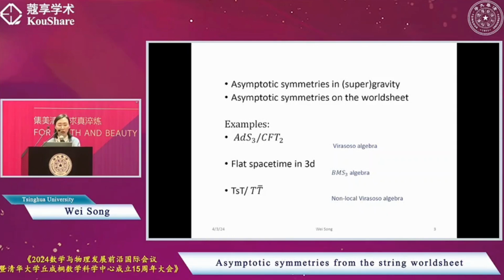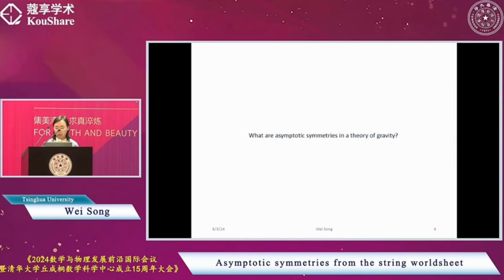I will mainly focus on the example where the bulk spacetime is three-dimensional anti-de Sitter spacetime, and if time permits, I will also mention two other examples. One is three-dimensional so-called flat gravity, and the other is the so-called TsT and T T-bar correspondence.